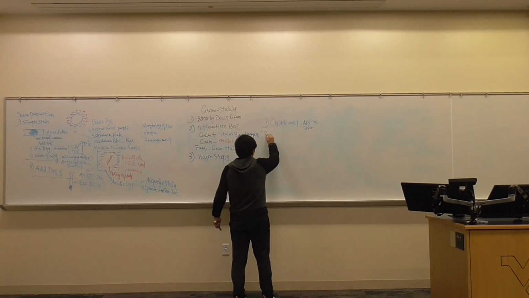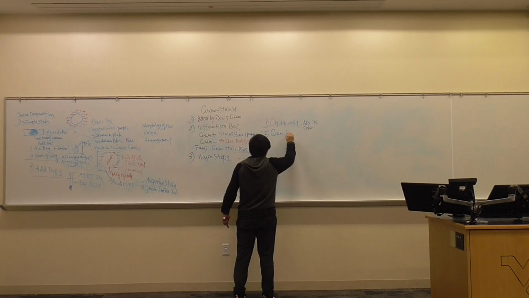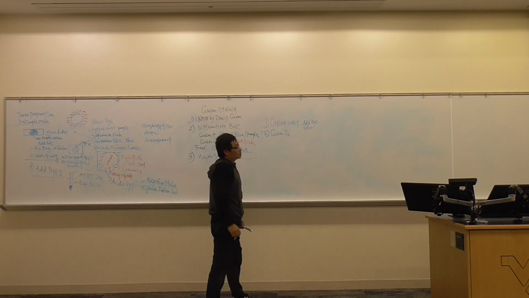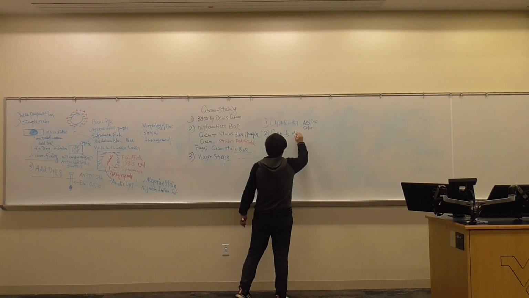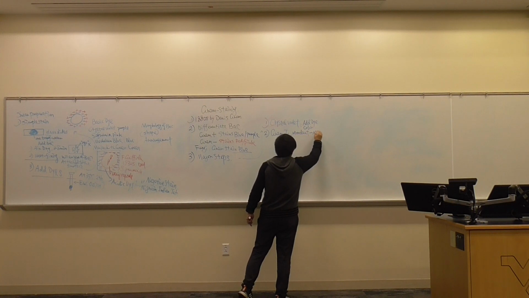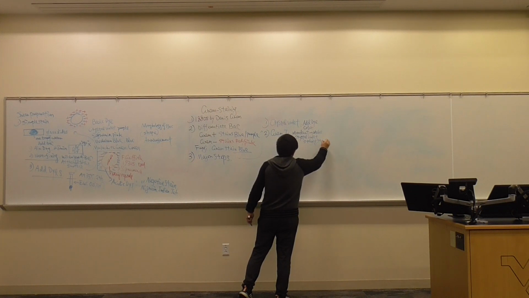The second step, we're going to add gram iodine. A little bit of brownish color. What's gram iodine's function? We call it a mordant. It will make the crystal violet staining strong.